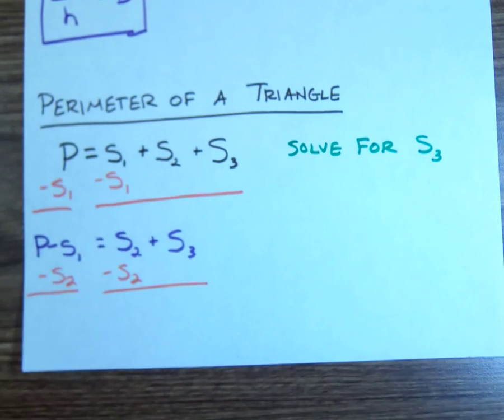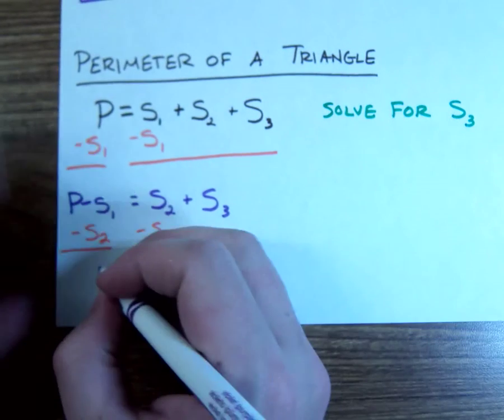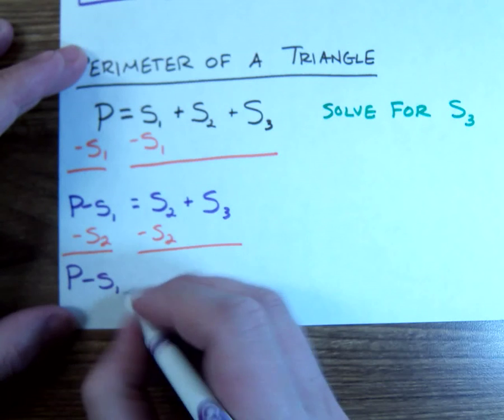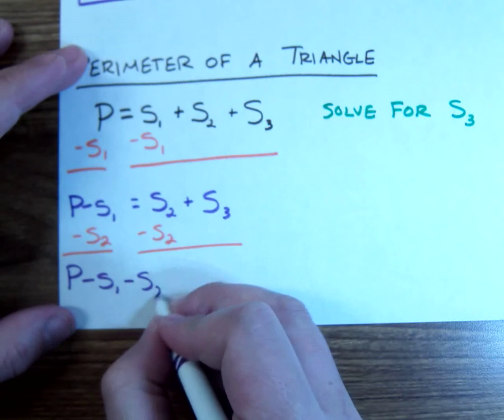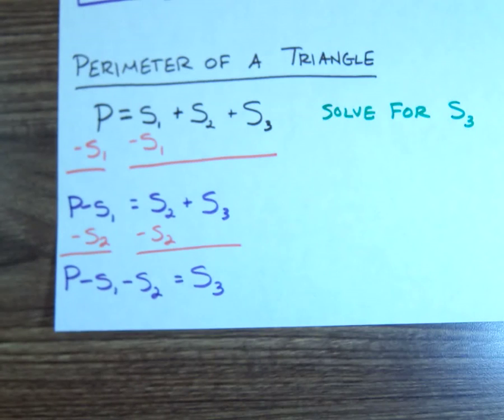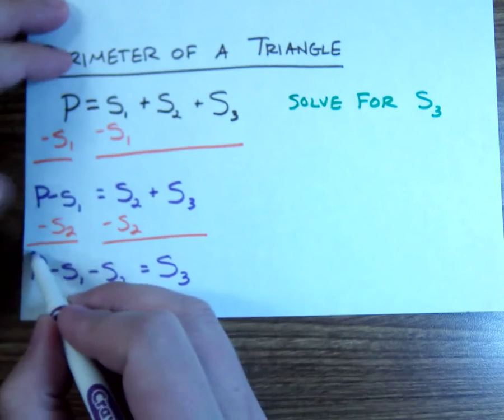No, because I can't combine S1 and S2, because those are different sides of the triangle. So I have P minus S1 minus S2 equals S3. There we go. Is S3 by itself now? Yes, it is. That is the answer.